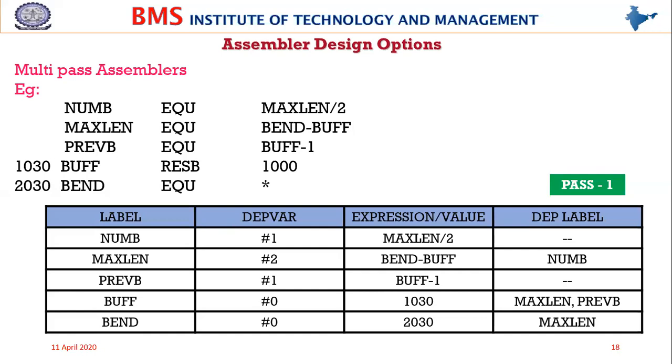For evaluating buffer end, I don't need anything else, so it got the address directly, 2030. The address of buffer is 1030 plus 1000, which gives 2030. And maxlen is dependent on buffer end, because maxlen is evaluated using buffer end minus buffer.